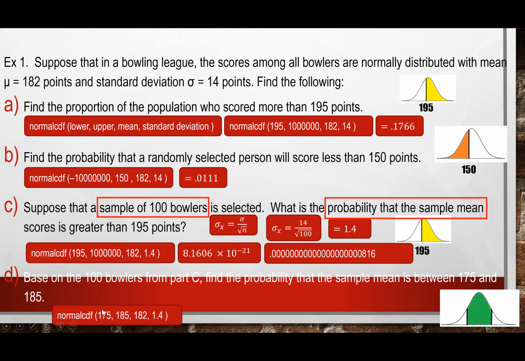Our lower endpoint is 175, our upper endpoint is 185, the mean is 182, and the standard deviation is 1.4 because we are dealing with the sample mean. Based on this, we have roughly 98.4% of the bowlers will score between these two scores, 175 and 185.